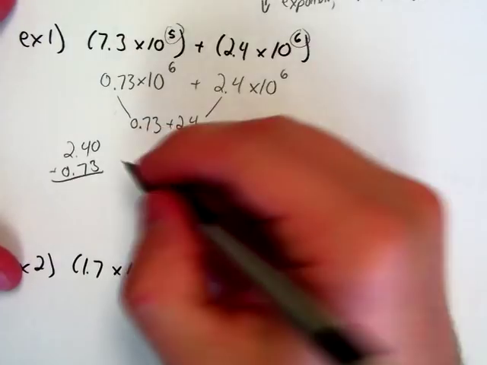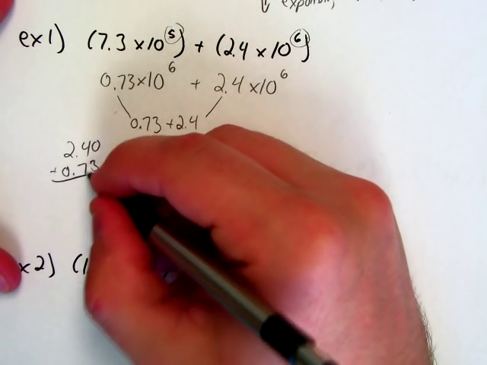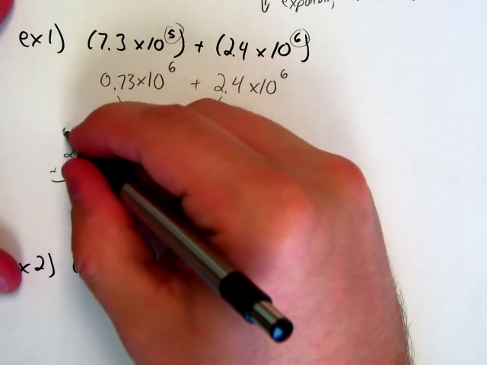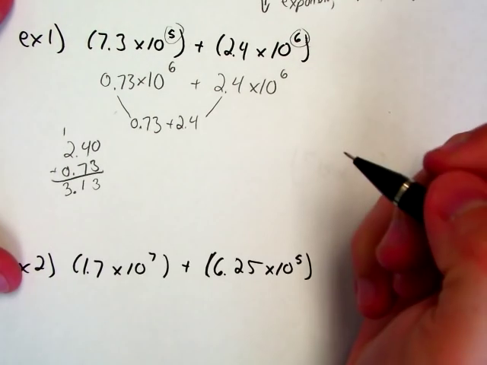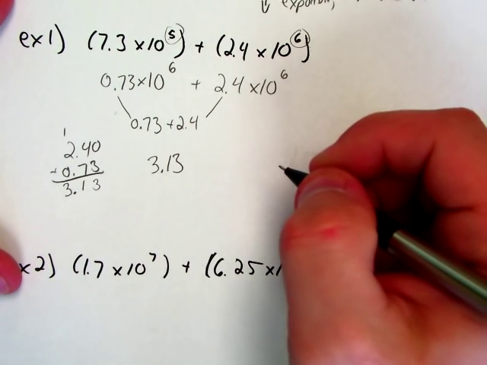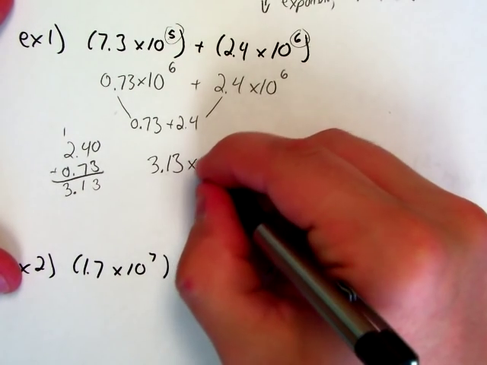Fill in any missing spaces with a 0. So 0 plus 3 is 3. 4 plus 7 is 11. So we'll bring down the 1 and carry the other one up top. 1 plus 2 is 3 plus 0 is 3. And bring down the decimal point. So now this is 3.13. And then bring down the power of 10.